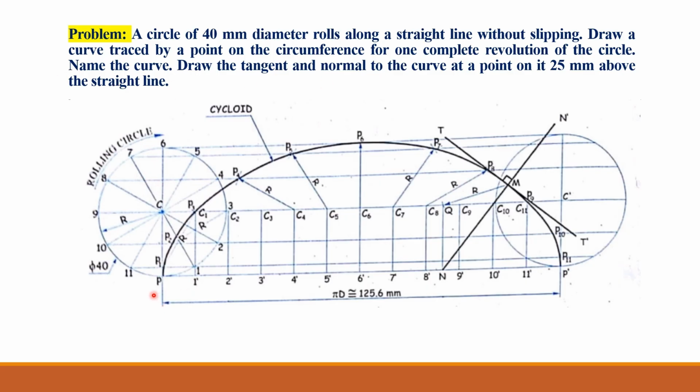Here the point P is on the circumference of this rolling circle, showing the contact point of this straight line and this rolling circle here.